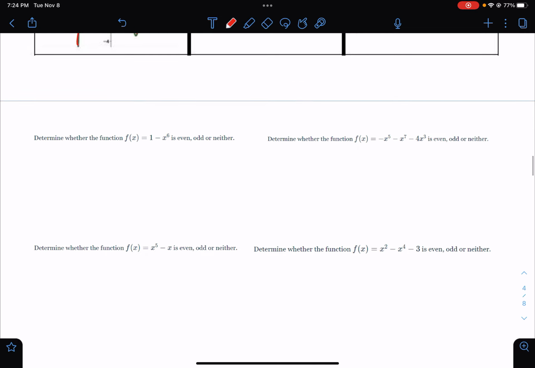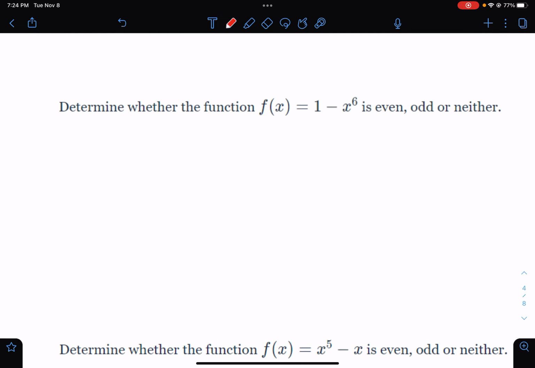All right, so let's go ahead and try this one here. If we take a look at this polynomial, we're going to figure out what f of negative x is equal to, okay? When we do that, we get 1 minus negative x raised to the power of 6.